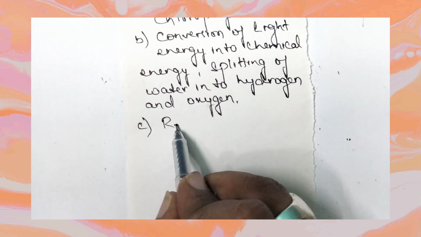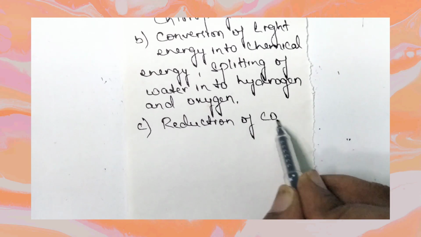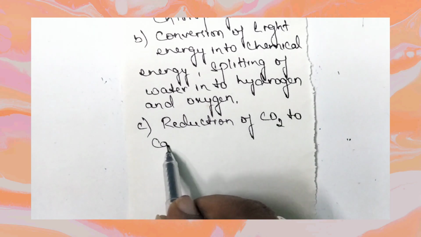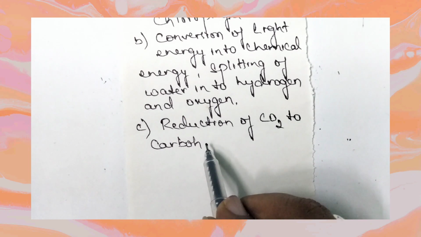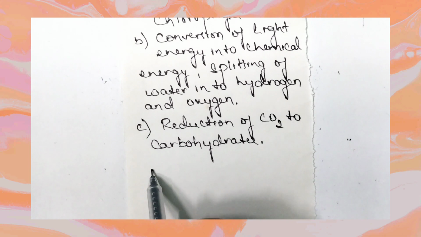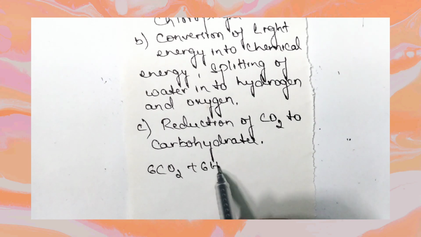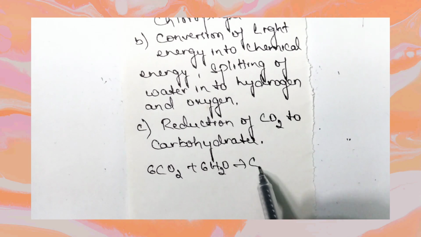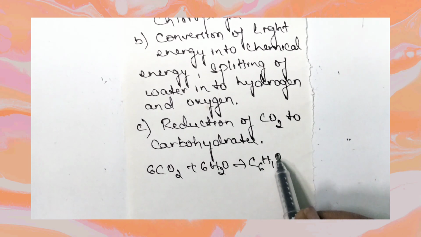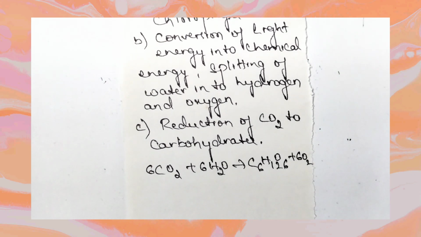So the third event is reduction of carbon dioxide to carbohydrates. Then write the equation 6CO2 plus 6H2O give rise to C6H12O6 plus 6O2. So this is the balanced chemical equation for photosynthesis.